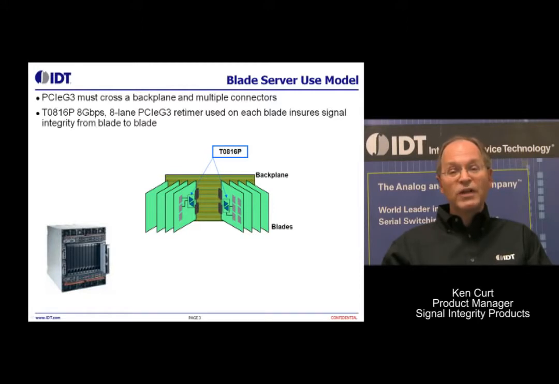So crossing a trace of that long with two connectors in the path is a challenge, especially at 8 gigabit per second PCI Express. And that's the purpose for IDT's Retimer product. In this case, it's shown as the T0816P, which is an 8-lane, 16-channel Retimer.